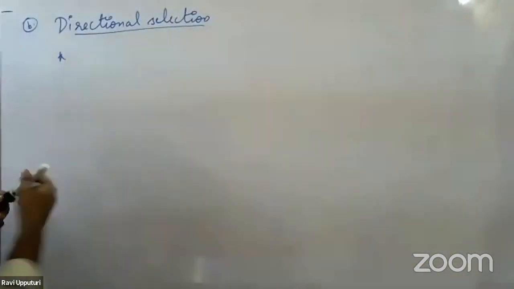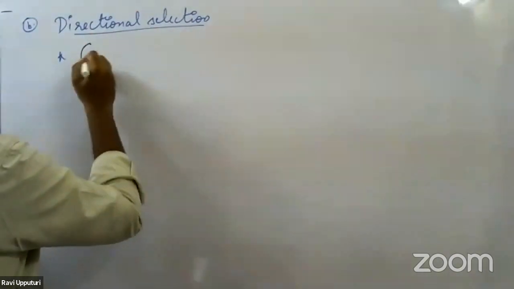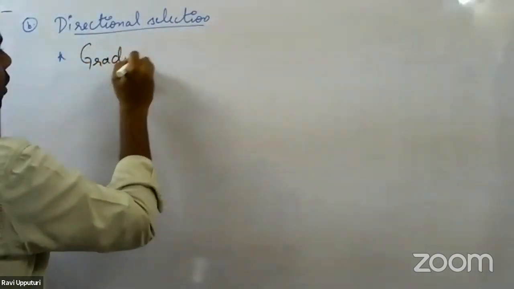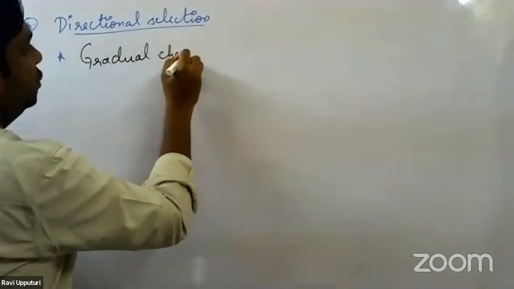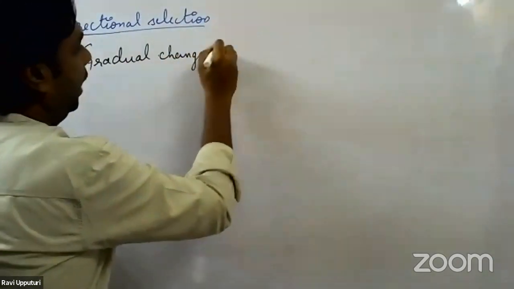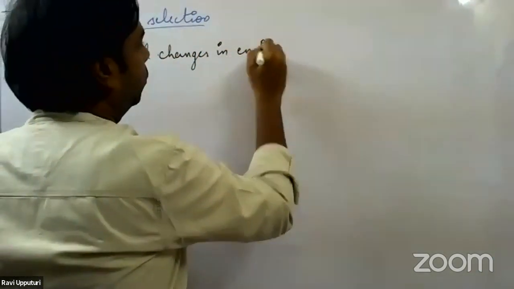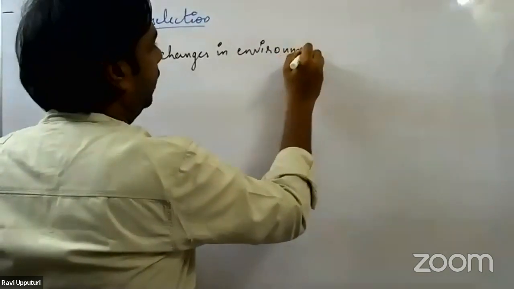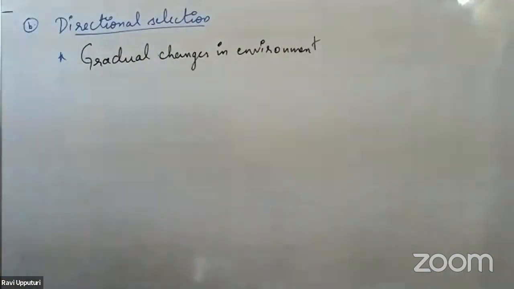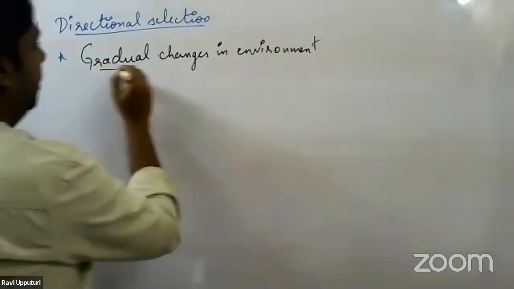So the environment which undergoes gradual changes. This sort of selection usually occurs in an environment which undergoes gradual changes. This is very important to remember.